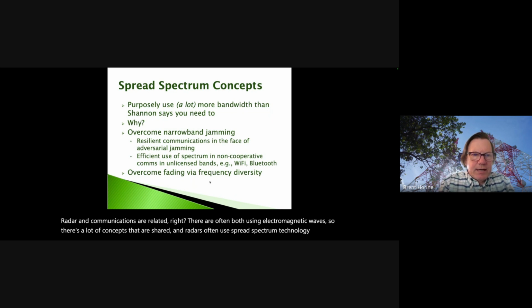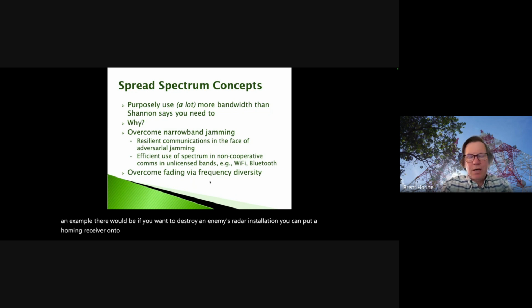So an example there would be if you want to destroy an enemy's radar installation, you can put a homing receiver onto the nose cone of your missile, and loop that into your guidance system and just home in on that energy from the radar, right?